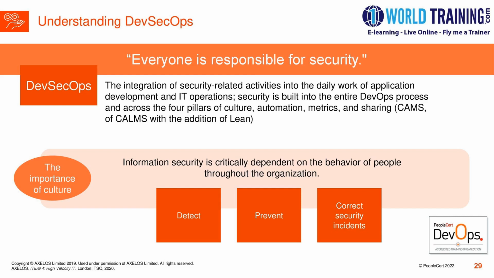What is the importance of culture? The importance of culture comes from whether you have security as a term in the organization, whether people understand security, and whether they are mature and really sincere about security. For all these fundamentals, any organization has kept information security as one of the departments critically dependent on the behavior of the people.